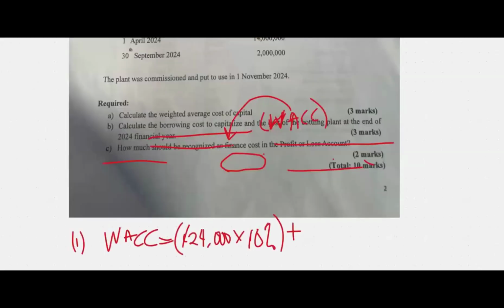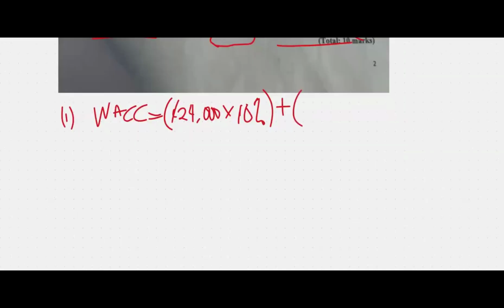So equals 24 million times 10%, plus, let's see the other one, 16 million times 12%. 16 million. So I'm just writing 3 zeros. 1, 2, 3 times what? 12%.